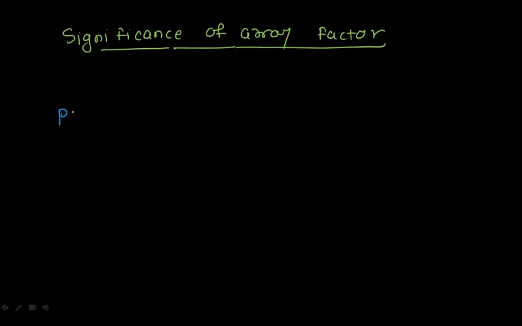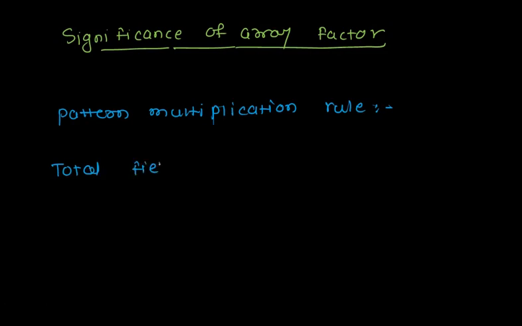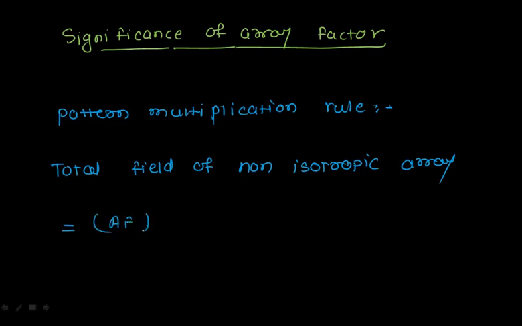So what do you mean by the pattern multiplication rule? This rule tells us that the total field of a non-isotropic array is equal to the array factor of the isotropic array multiplied by the field of a single non-isotropic element.